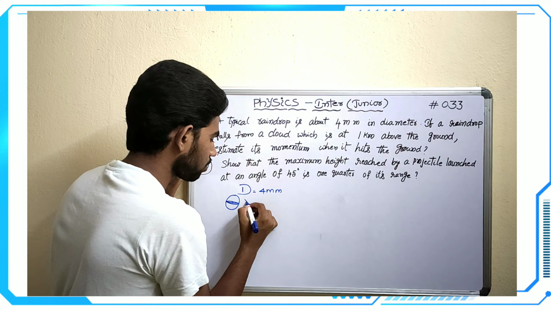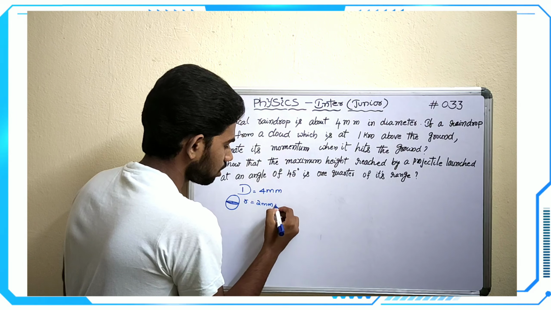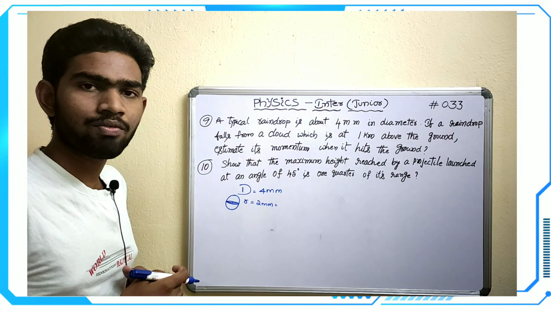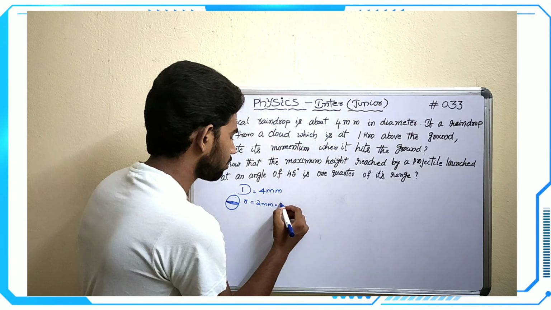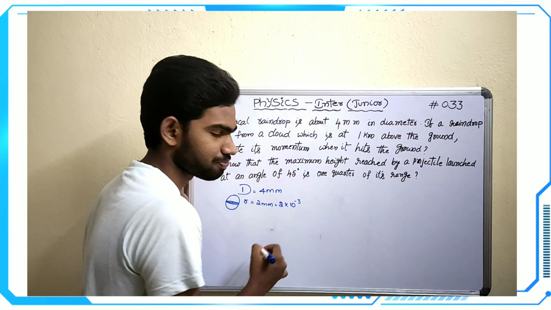Here we have to calculate the radius, that is 2 millimeters, and after converting into meters it becomes 2 into 10 to the power of minus 3.